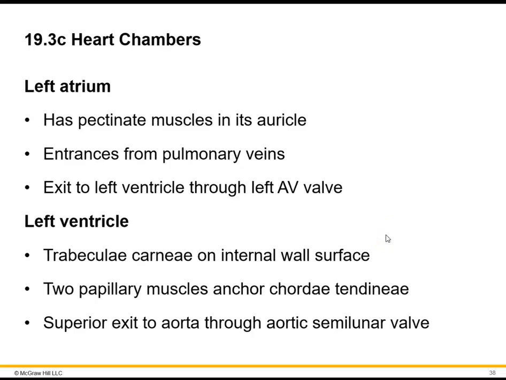The left ventricle also has trabeculae carneae, and it has 2 papillary muscles that again are going to anchor those chordae tendineae, those heartstrings that hold those valves closed when the ventricle contracts. Blood is going to exit superiorly to the aorta through the aortic valve.